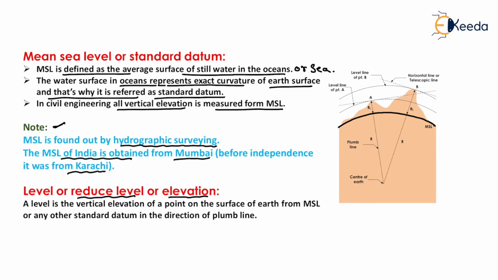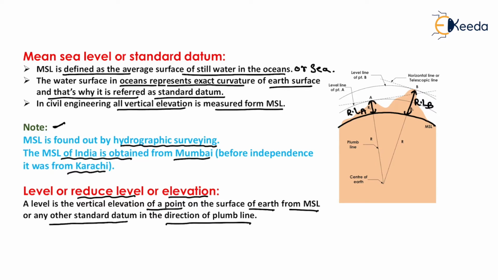What do we mean by level or reduced level or elevation, which is shown here? That is RL of A, that is RL of B. A level is the vertical elevation of a point on the surface of the Earth from MSL or any other standard datum in the direction of the plumb line.